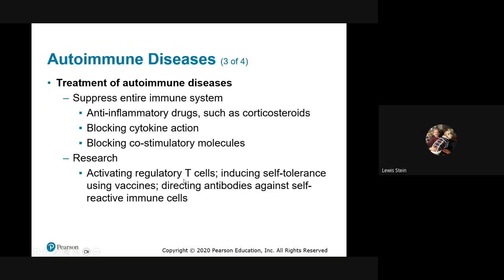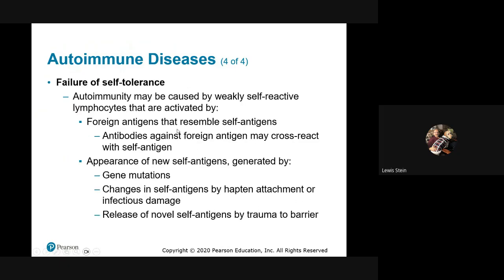So we're trying to, those regulatory, we used to call suppressor T cells, make more of them, more self-tolerance with vaccines. We do all sorts of things that are in there. And so why it occurs, foreign antigens that resemble self-antigens, antibodies against foreign antigen may cross-react. That's what happens with streptococcus and something called rheumatic fever.